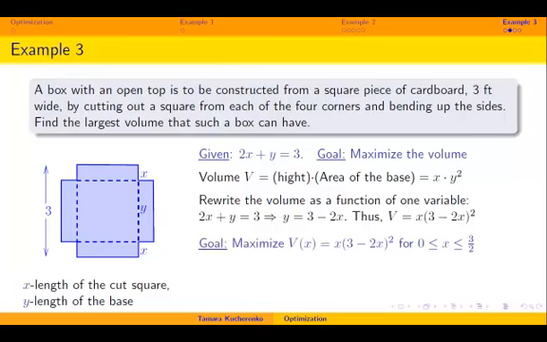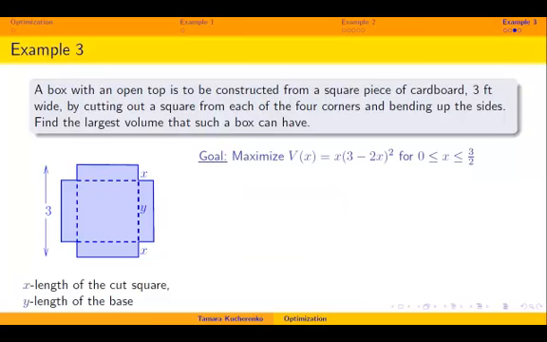We can restate our goal as to maximize the function V of x equals x times (3 minus 2x) squared for x between 0 and 3/2. Since x takes values on a closed and bounded interval, we use the closed interval method.